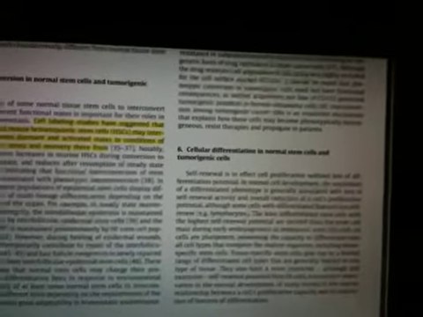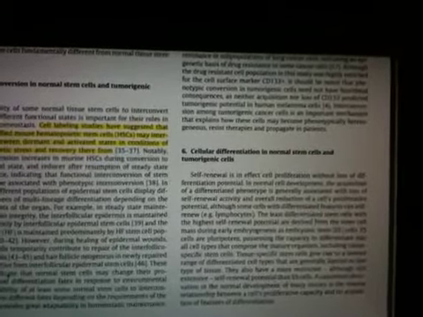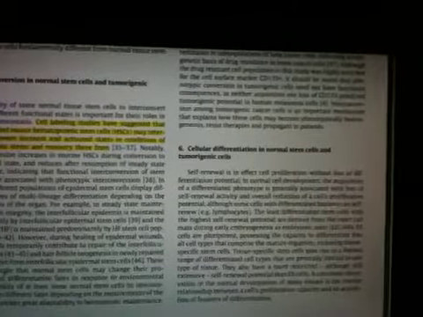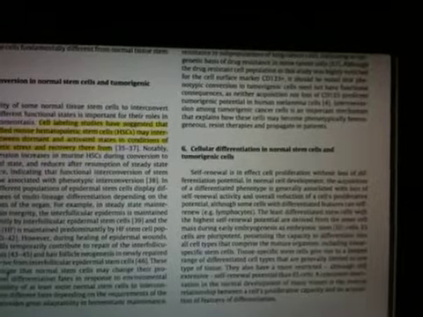In the skin, different populations of epidermal stem cells display different degrees of multilineage differentiation depending on the requirements of the organ. For example, in steady-state maintenance of skin integrity, the interfollicular epidermis is maintained predominantly by interfollicular epidermal stem cells, and the hair follicle, HF, is maintained predominantly by HF stem cell populations.